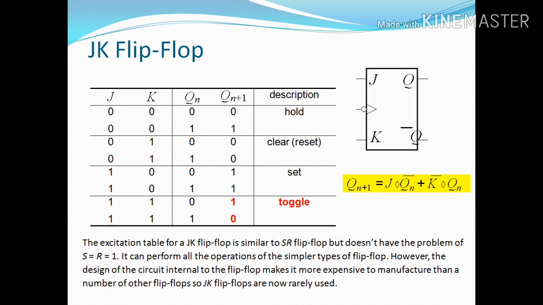The other diagram is also different, but the excitation table's difference will be shown here. Please go through. Here also the block diagram is given. It is also clock enabled. The equation is also given: Qn plus 1 equals J Qn complement plus K complement Qn.